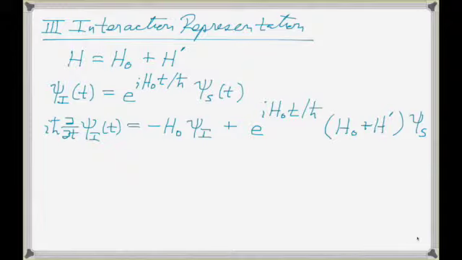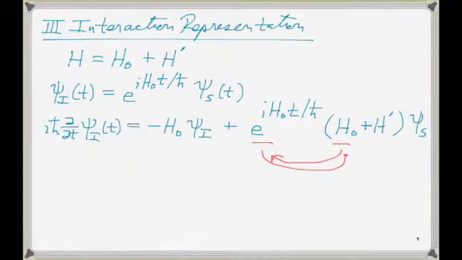So there's two terms here. Let's look at them. One, two times over here on the right. So I have this term acting on psi s, and H0 commutes with itself. So I can switch the order of these two terms, right?